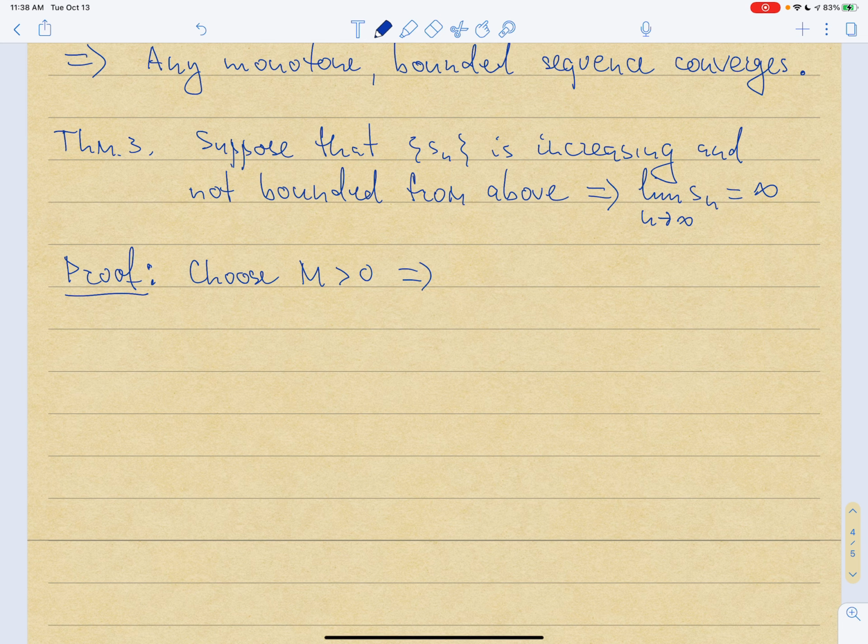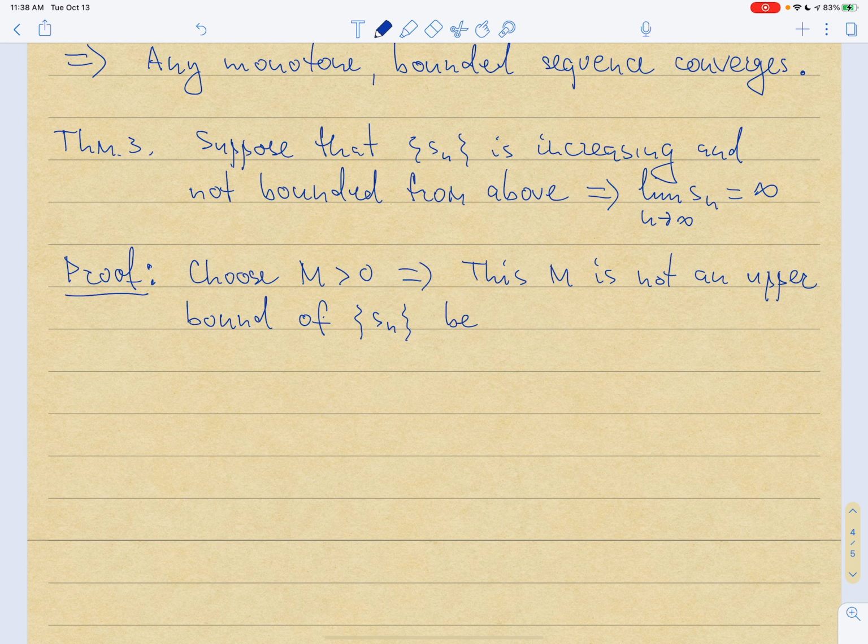So then this capital M is not an upper bound of Sn, because we assume that Sn is not bounded from above, right?